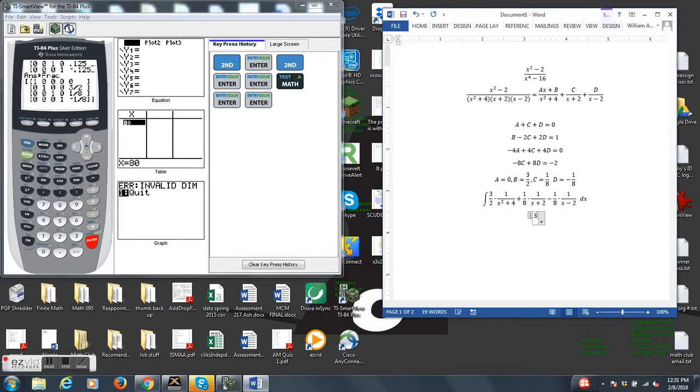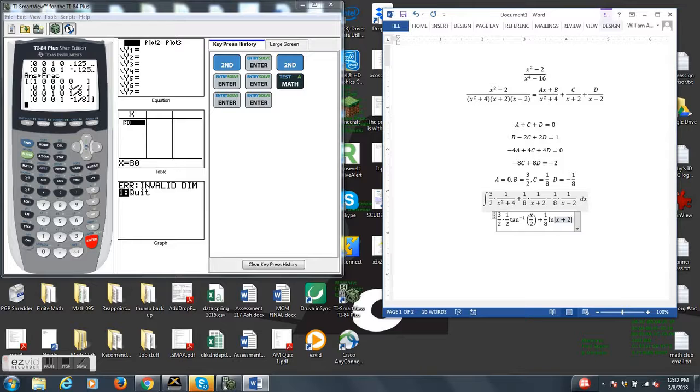So first thing, remember, right, this one right here, not a natural log. That's an arctangent, 1/2 inverse tangent x over 2, plus 1/8 ln x plus 2.